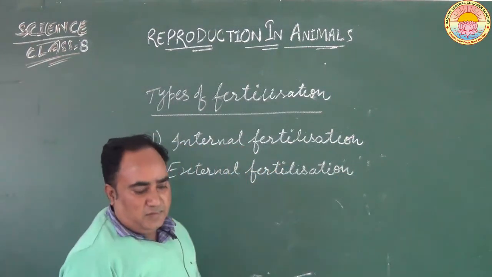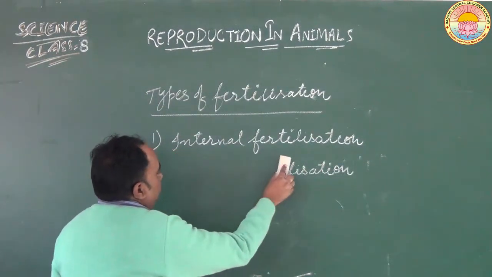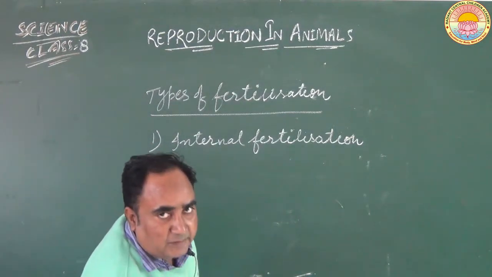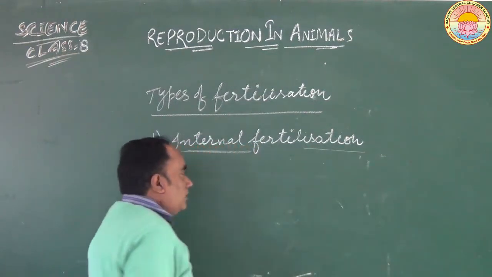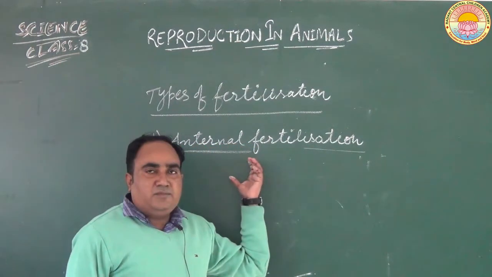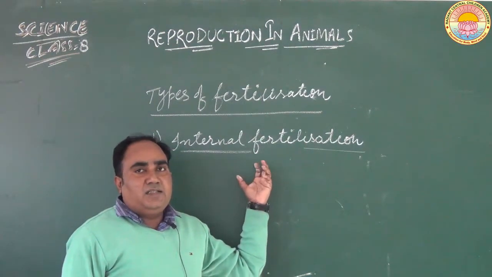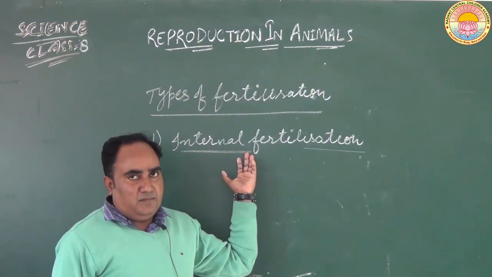Now we discuss one by one. First we discuss internal fertilization. This is the type of fertilization that takes place inside the female's body. It means in internal fertilization, the sperm and the ovum fuse inside the female's body.